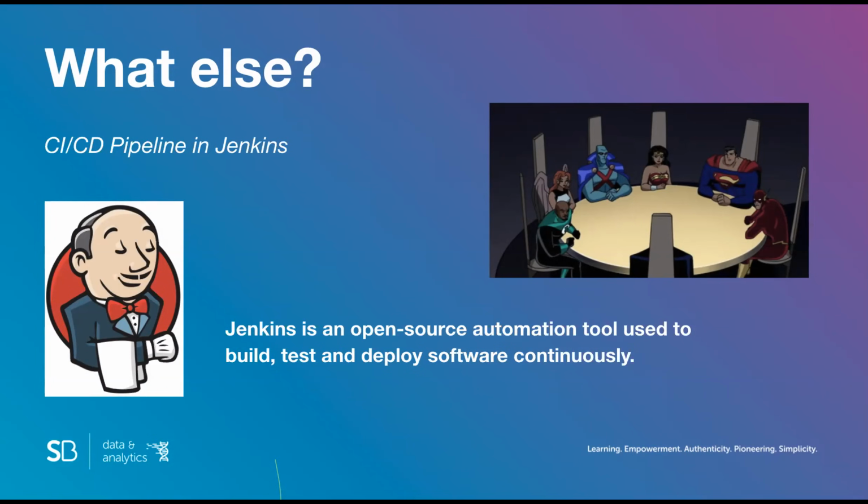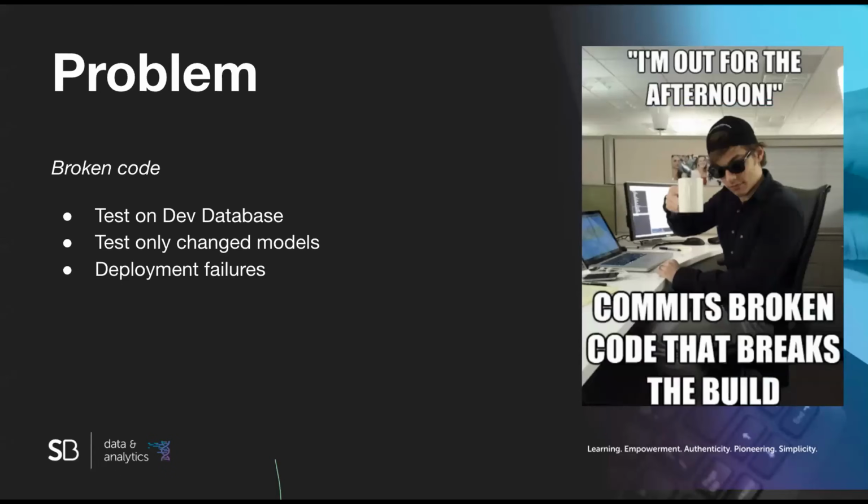So we looked at this pipeline and we decided, can we make this better? When reviewing our pipeline, the key issue we found was that sometimes broken code was being deployed to production, even with all the checks we have in place. Some of the reasons we found this was happening was because users' tests were executed against a dev database.